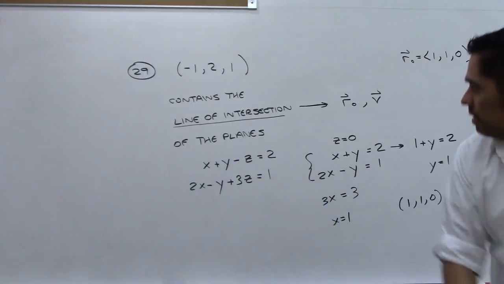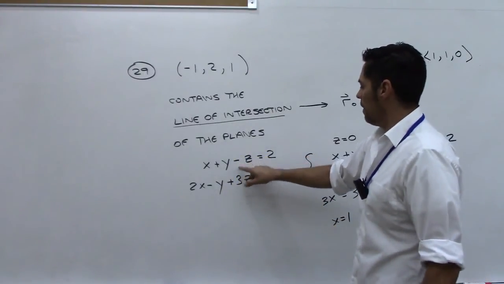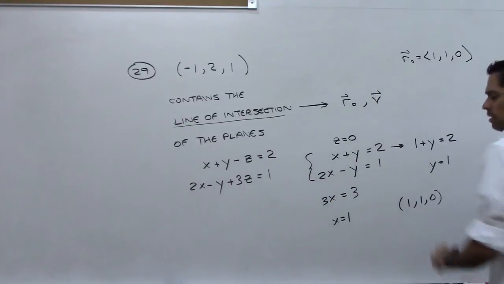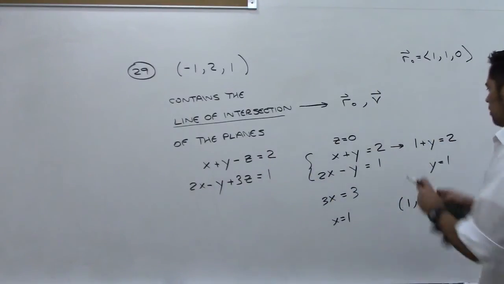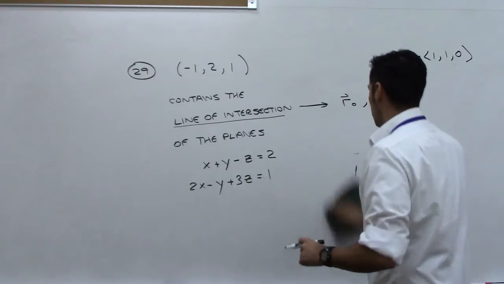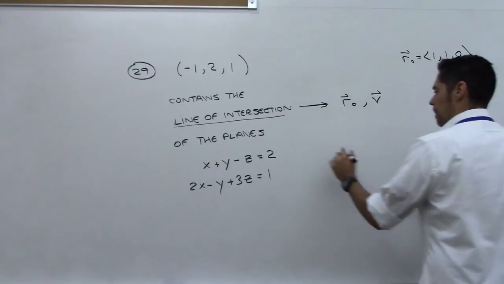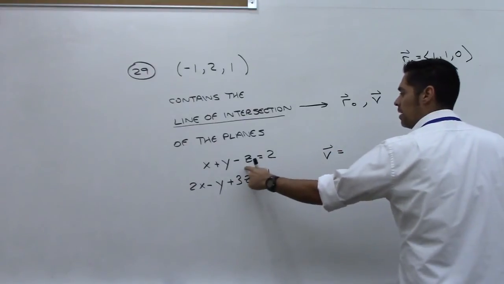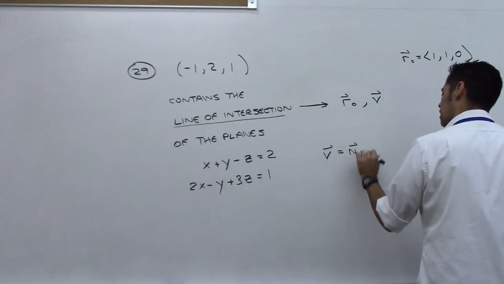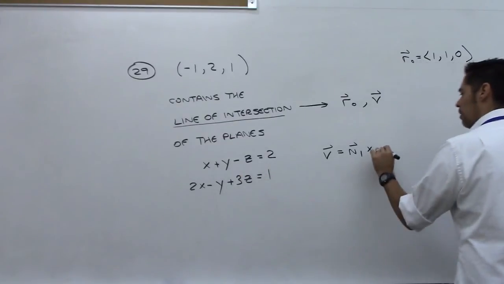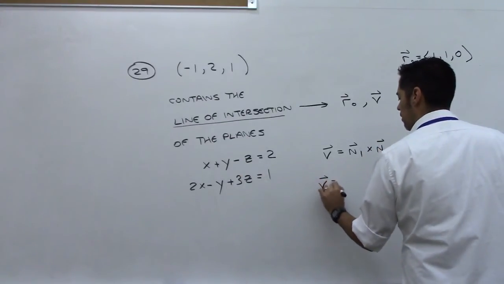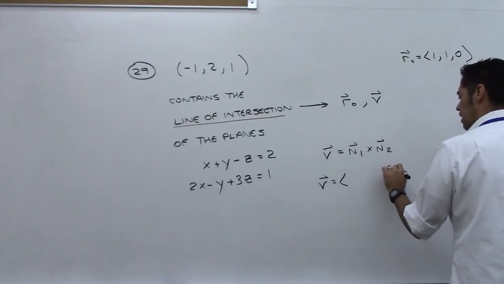So V here, my direction of my line of intersection, is going to be the normal of this plane, I'm going to call it normal 1, crossed with the normal of that plane, I'm going to call it normal 2. And we can find their normals pretty easily.